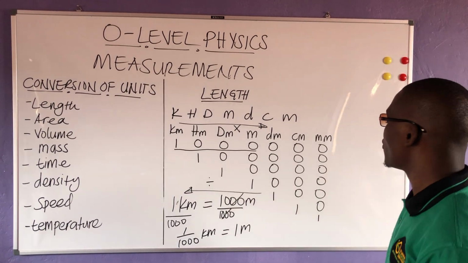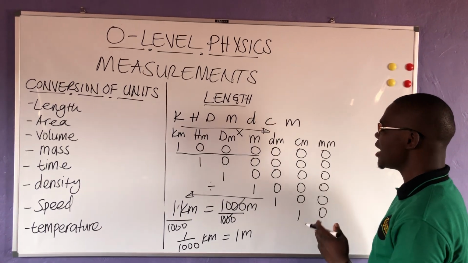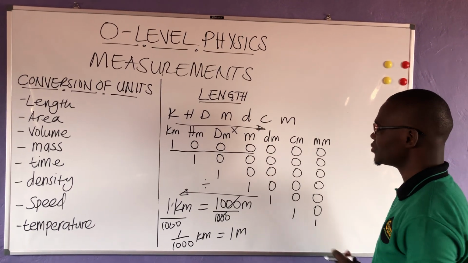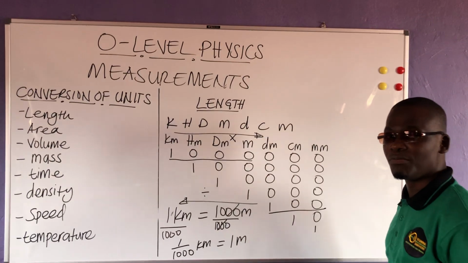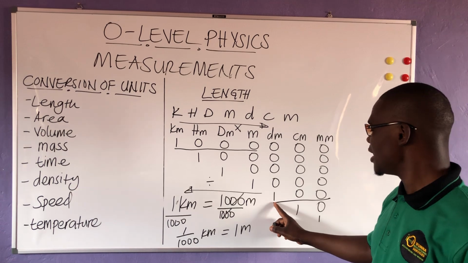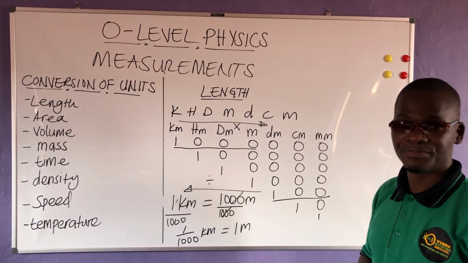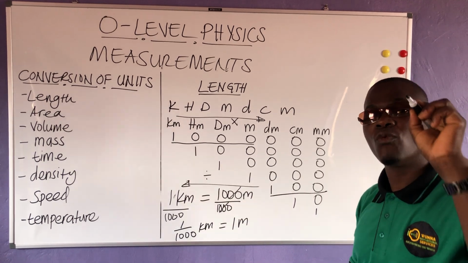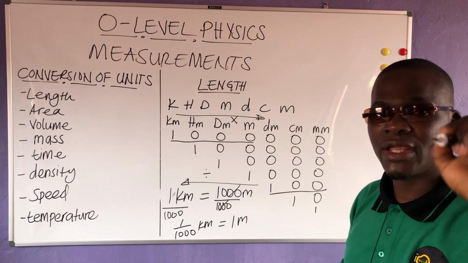For instance, we can also relate decimeter and millimeter. So decimeter to millimeter, I will use this. Meaning that 1 decimeter is equivalent to 100 millimeters. And therefore, 1 millimeter is equivalent to 1/100 decimeter.